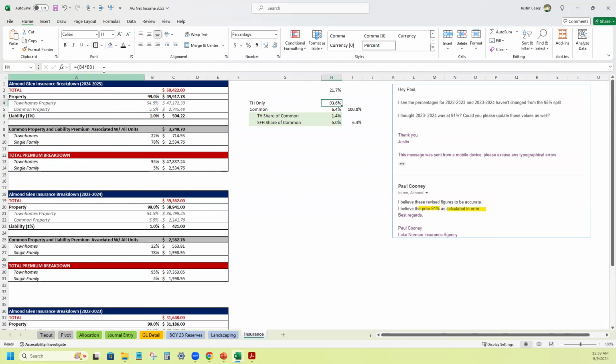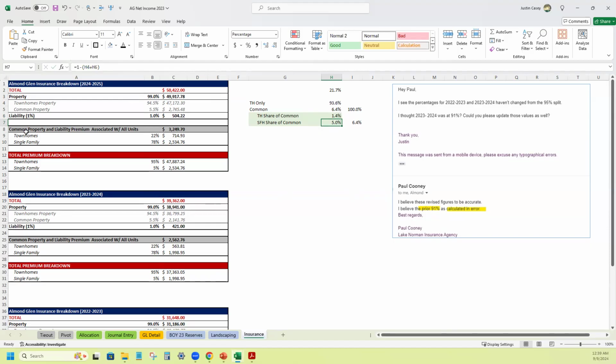Doing a little bit of math, what's townhome only is 93.6 and what's common is 6.4. Feel free to pause the video and look at the formulas. But basically the townhome share of the common is 1.4, and the single family share of the common is 5.0 as far as percentages go.